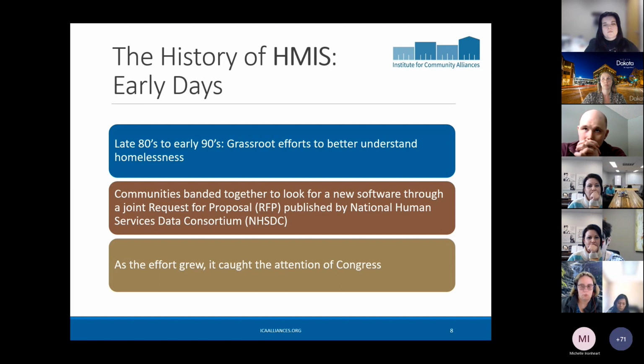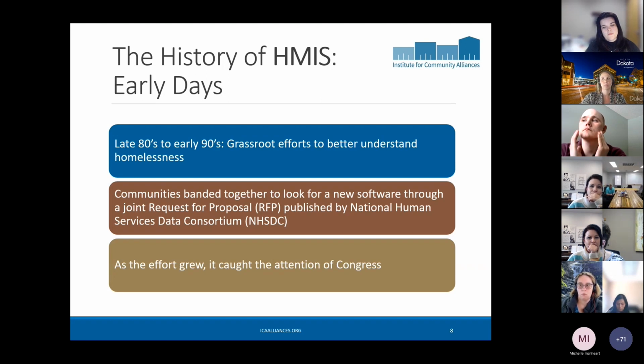So in the late 80s and 90s, this grassroots effort came together and said, we have to understand what homelessness looks like, not only on a federal and state level, but at our local level.